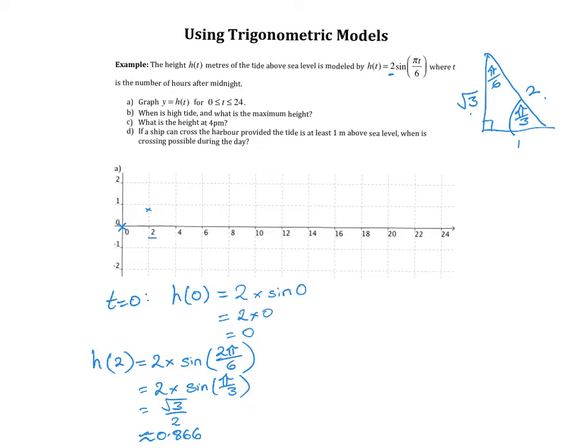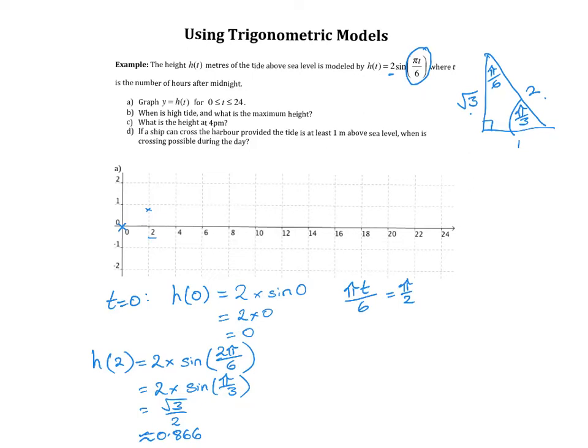Now you know what I'd like to know? When would that angle inside the function equal pi on 2? Because remember, that's usually our first significant point on our graph. So when does pi t over 6 equal pi on 2?